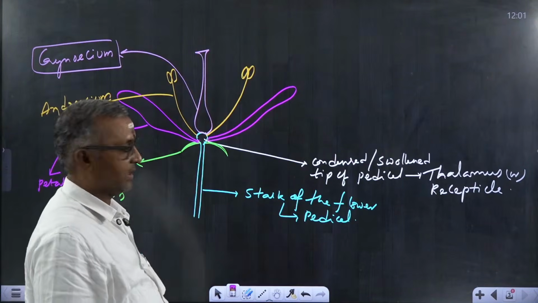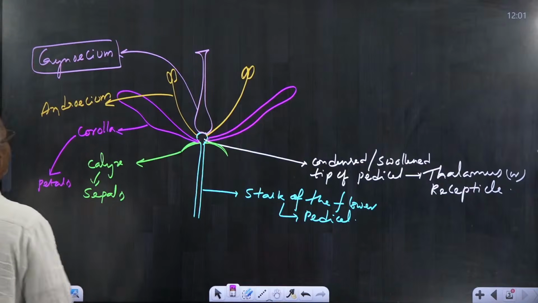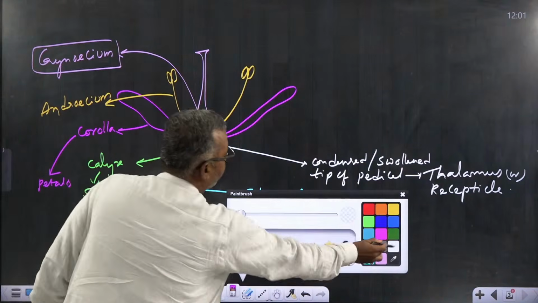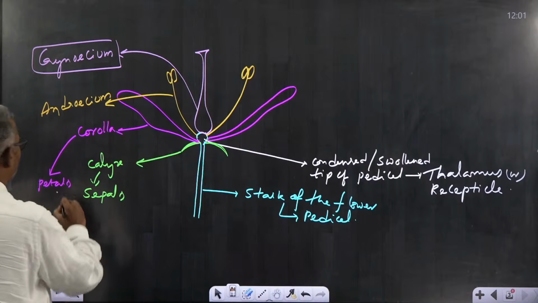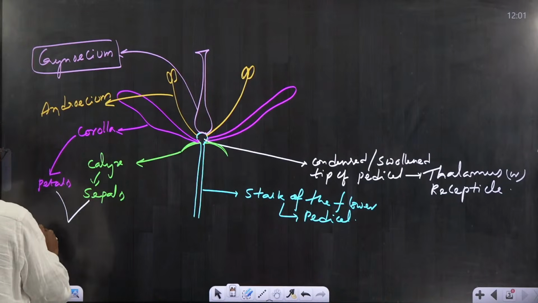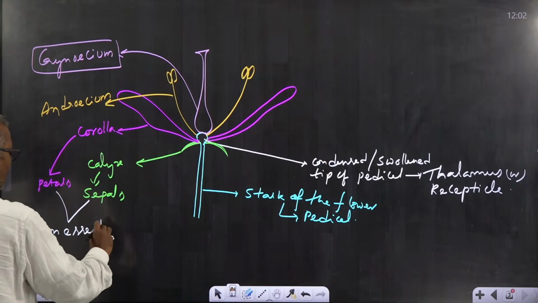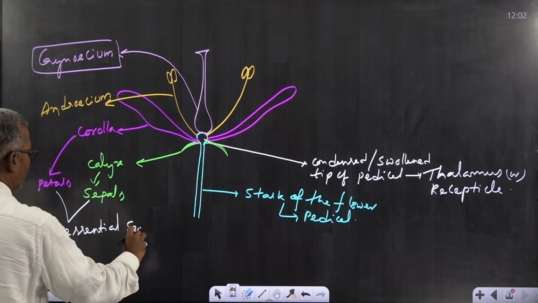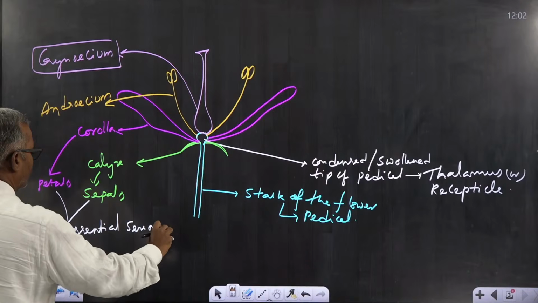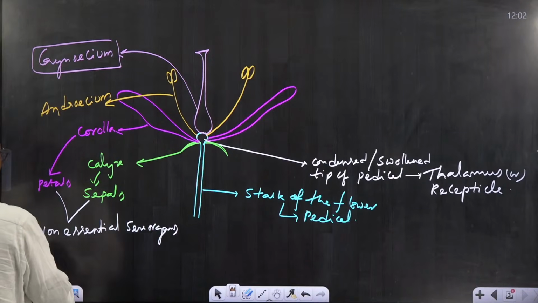That is what I told you here. Now, this calyx and corolla together are called non-essential sex organs, or simply accessory organs.